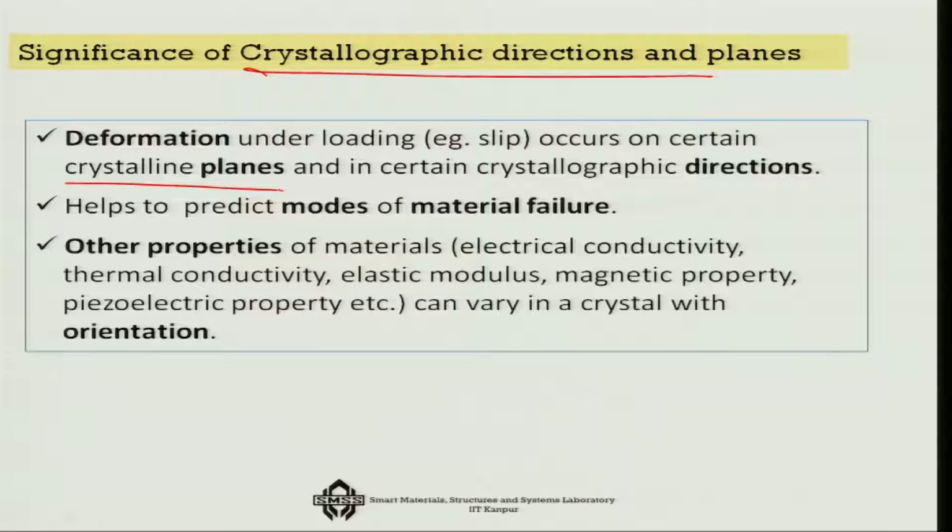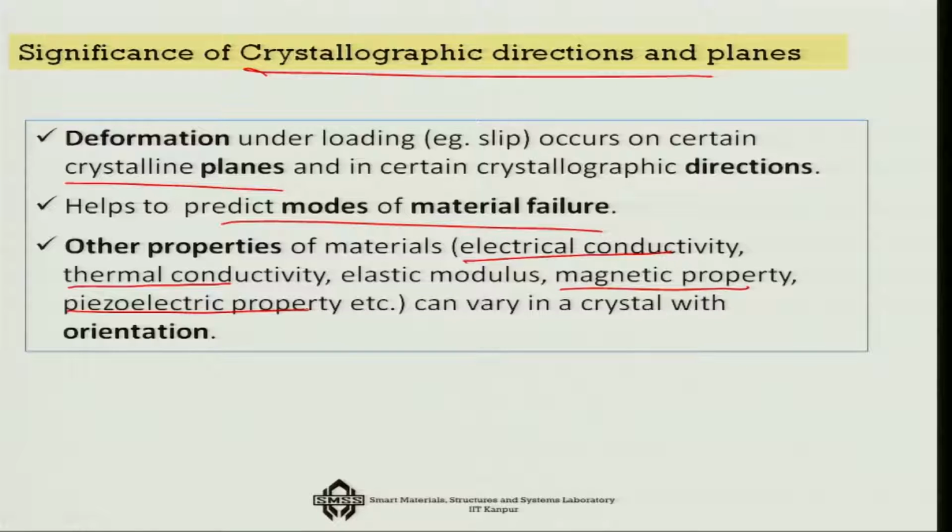Once we know these so-called crystal planes, it also helps us to predict the modes of material failure, which we will talk about when we discuss the failure of various types of materials. And there are other non-mechanical but important material properties like electrical conductivity, thermal conductivity, magnetic property, piezoelectric property.